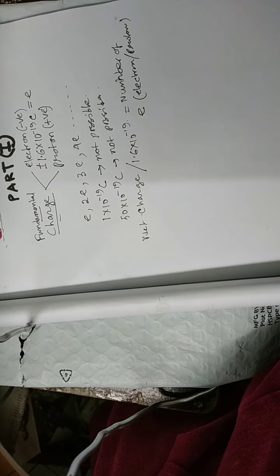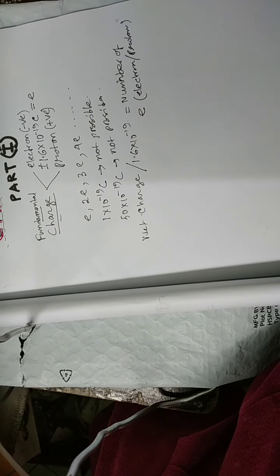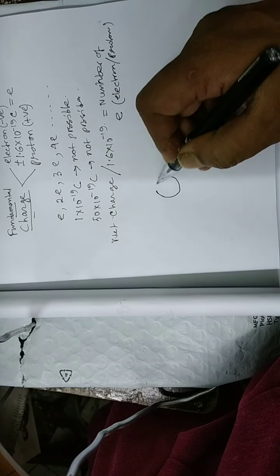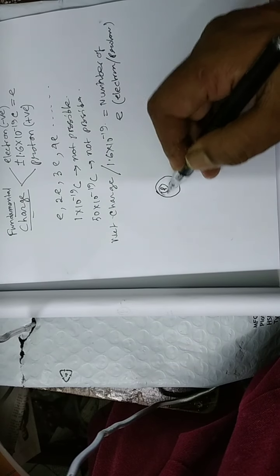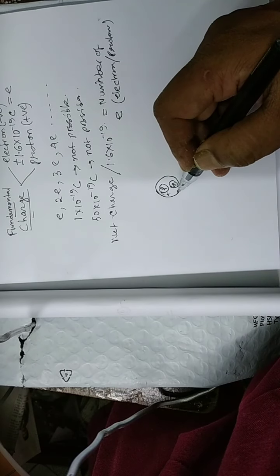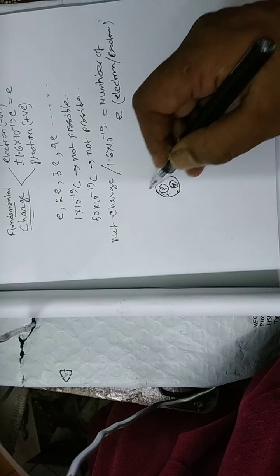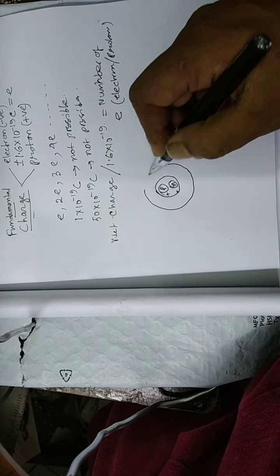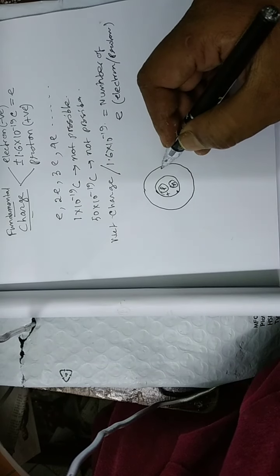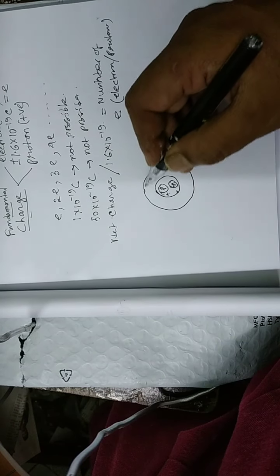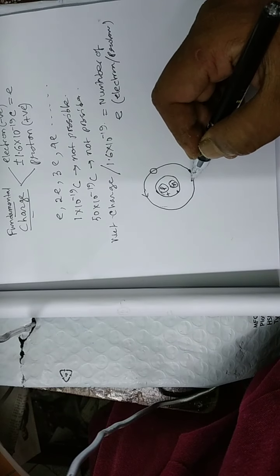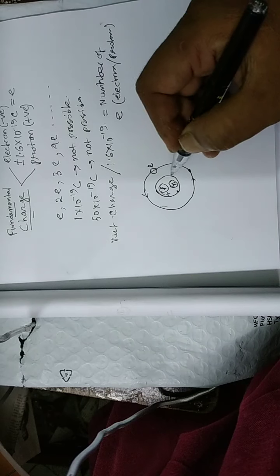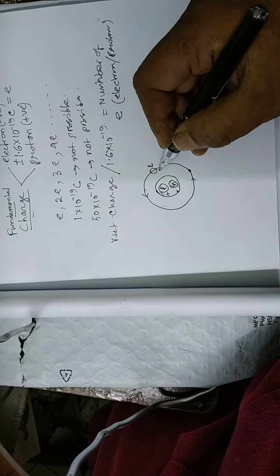Everybody knows that electron can move. In general, this is the nucleus, there is proton and neutron, a chargeless element, and in the surrounding the rotation of electron takes place, so that is negative.